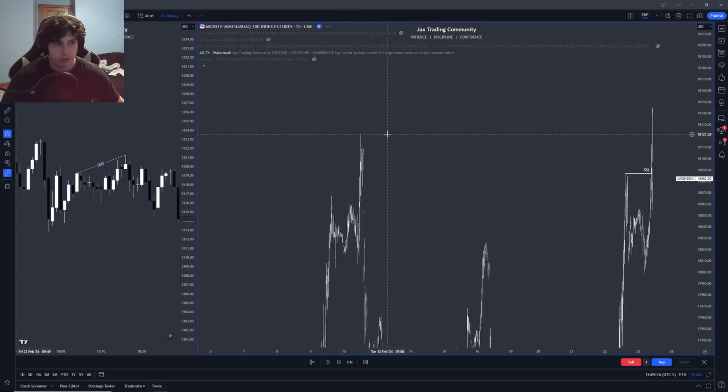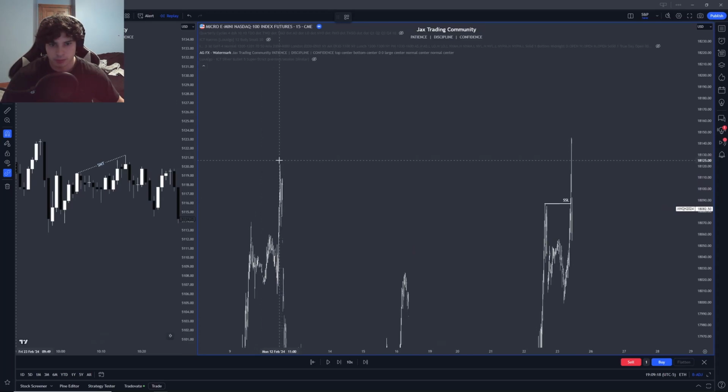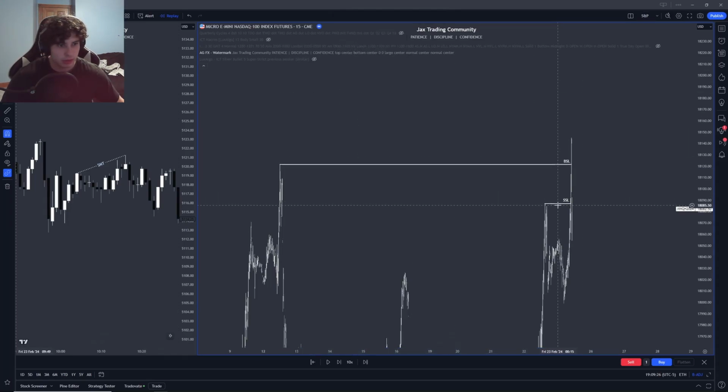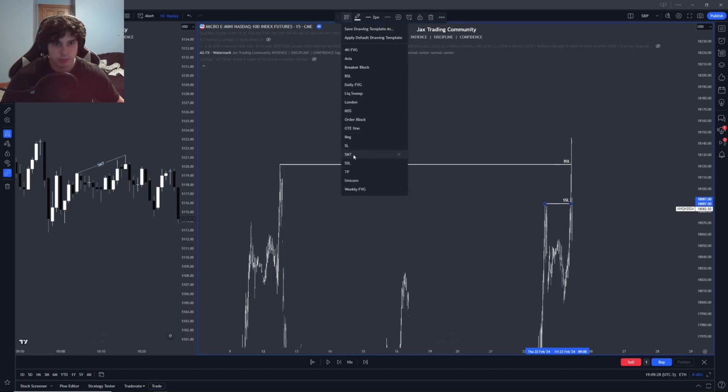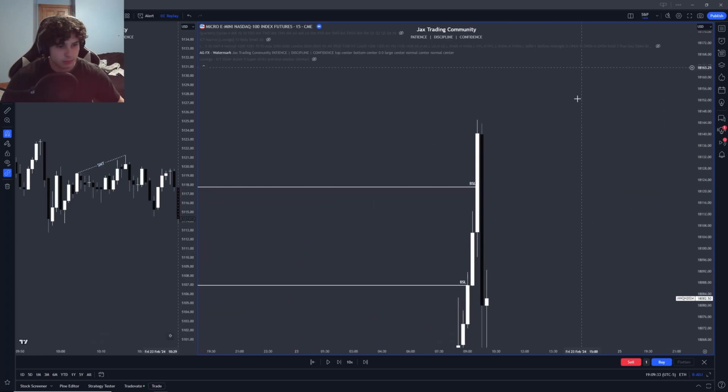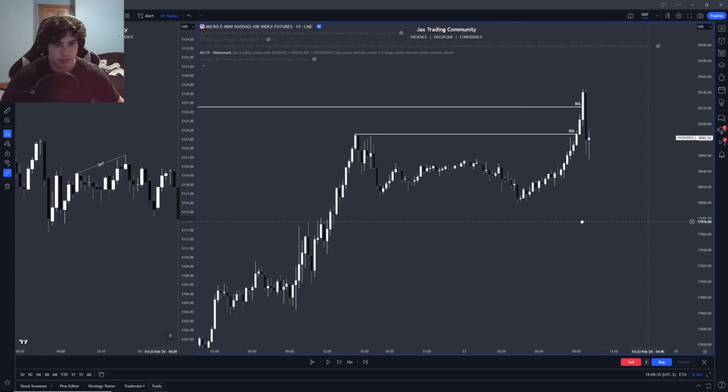I mean, wait, hold on. Yeah, this external sell side liquidity. We swept this right here. Or not, this is buy side liquidity. What am I saying? Okay, sorry, this is buy side liquidity. So we swept this buy side liquidity and displaced back down pretty good.